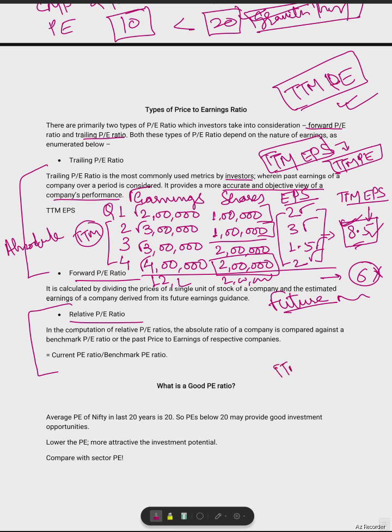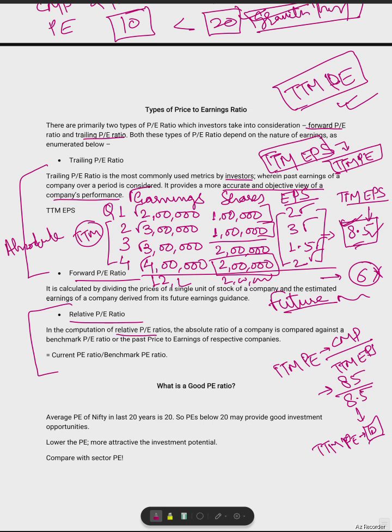Now you have the TTM EPS, so the TTM PE will be the current market price divided by TTM EPS. Say in this example, if the current market price is 85, then the TTM PE will be 10. So that's how you calculate it.